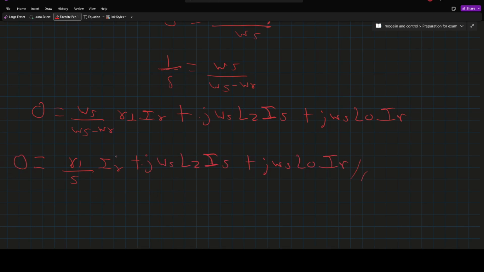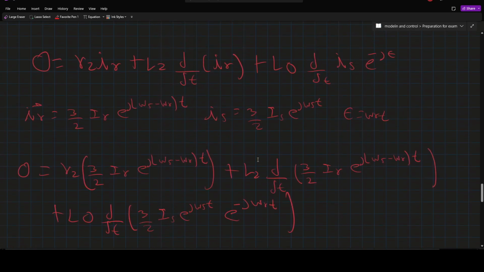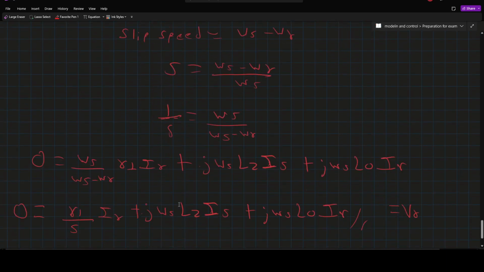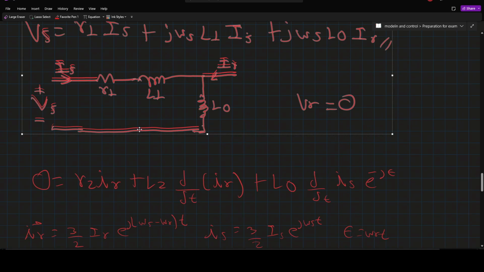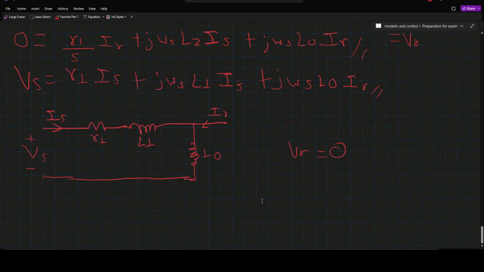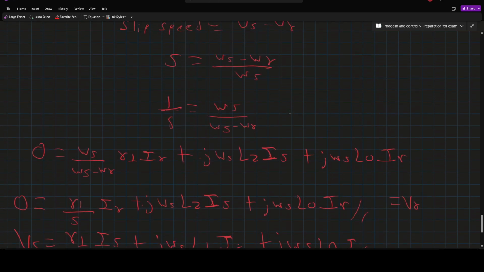This is our equation for the voltage in our rotor. So we have our equation for the voltage in the rotor, and we have our equation for the voltage in the stator. We can paste both equations here, so now we can complete the circuit. We have IR times L2, oh, this is Is.